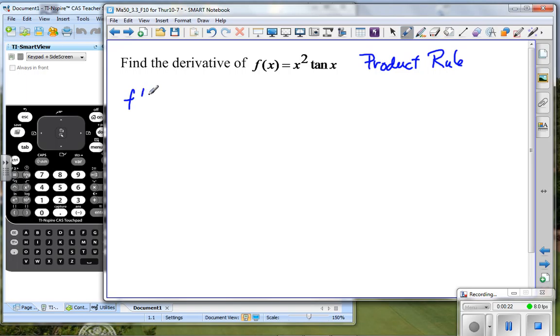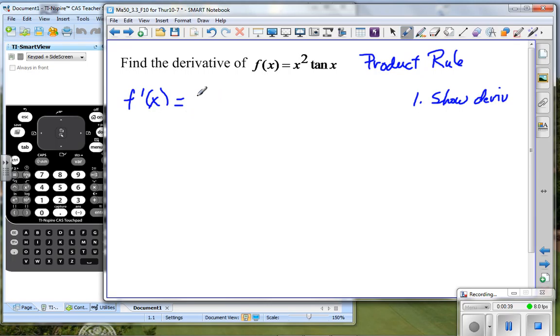So let's look at the derivative of the function f, and again I'm asking you to write out the steps. So step number one is to show the derivatives that you plan to take.